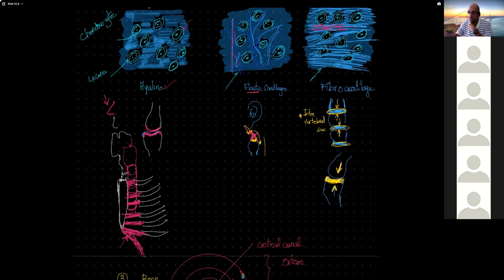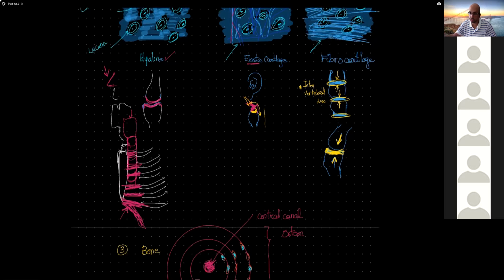All right, so again, hyaline cartilage: hard, not flexible, don't need to absorb compression. So like your nose, your larynx, your trachea, costal cartilage. Articular surfaces are covered with hyaline cartilage. Elastic cartilage in my ear pinna, my epiglottis. Fibrocartilage, intervertebral discs, and knee.